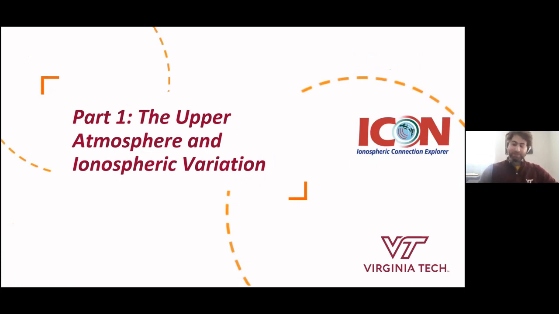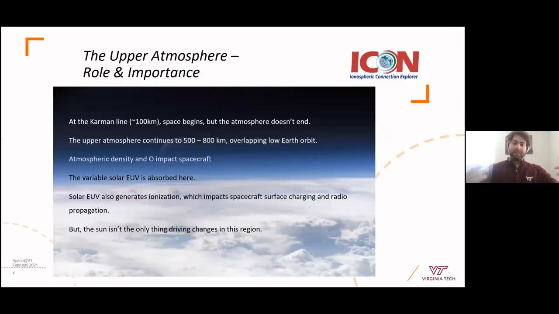All right, so into part one. The upper atmosphere extends out into what we would consider to be space, right? The Kármán line at 100 kilometers defines the beginning of space, but we have this extended atmosphere, and in particular, the region we're looking at is the thermosphere. That's going to extend into this figure here, 500, 600, 700 kilometers.